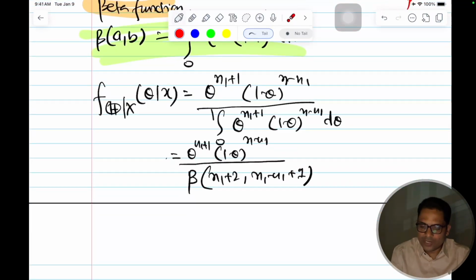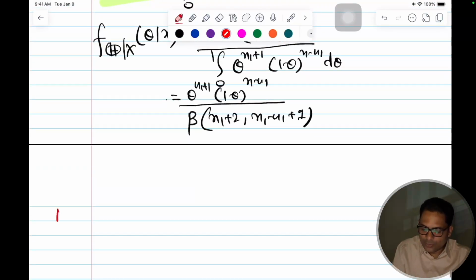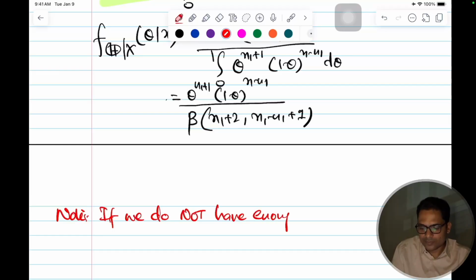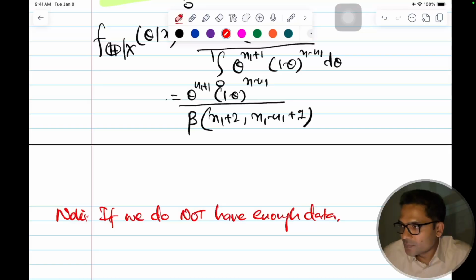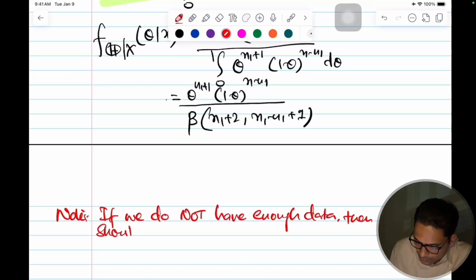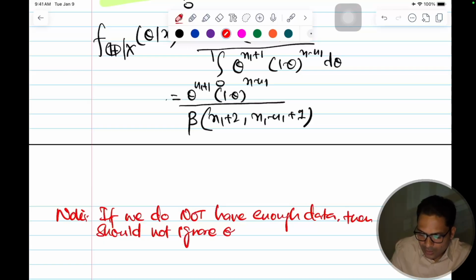So when do we use Bayes theorem? If we do not have enough data, we should not ignore our initial belief.